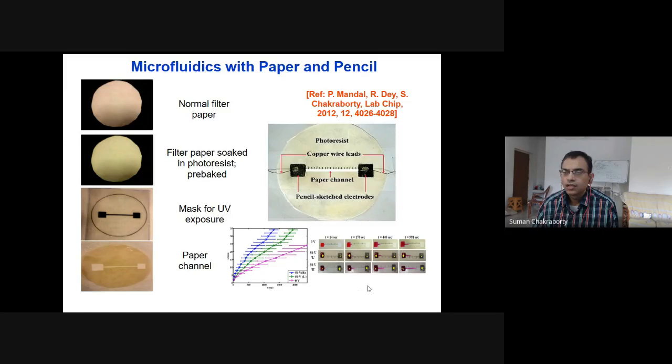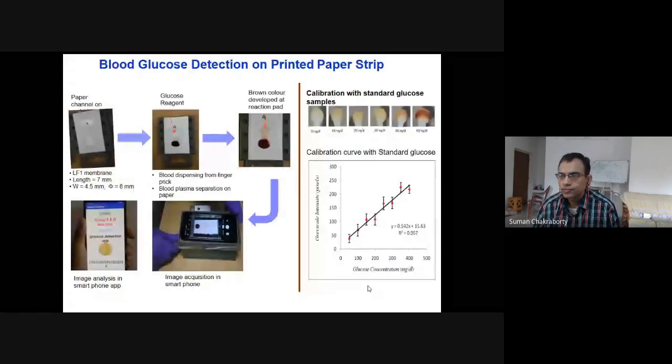This conceptually is known as paper and pencil microfluidics, where the paper and pencil microfluidics is essentially a combination of the paper microfluidics with pencil sketched electrodes.